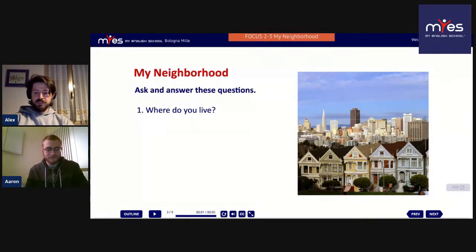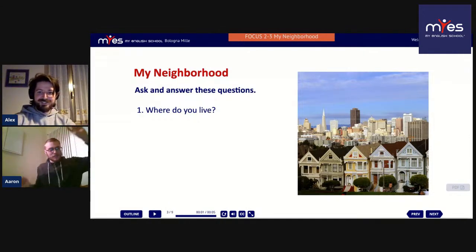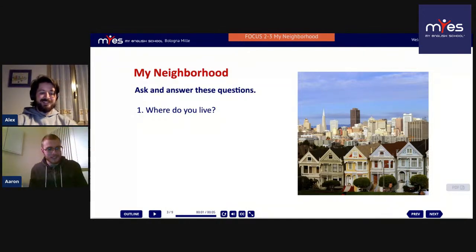Where do you live? Matteo lives in Vietri sul Mare, and Daniela lives in Busto Garolfo, near Milan. Very interesting places, and interesting names as well, on two different sides of the country. Daniela is in the north and Matteo is in the middle.